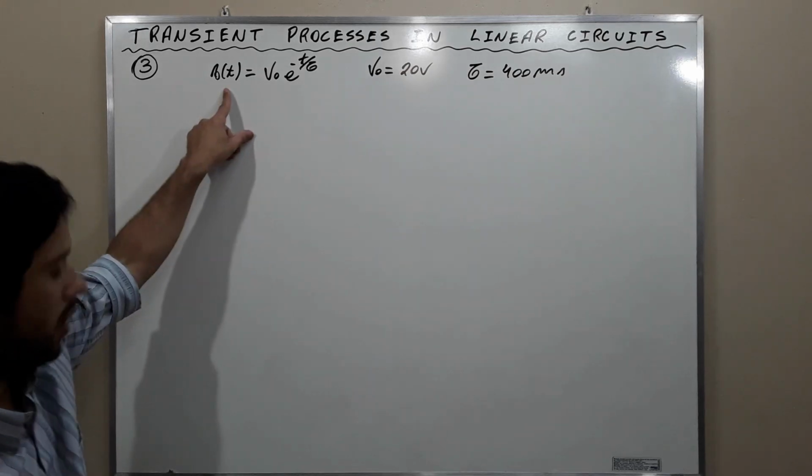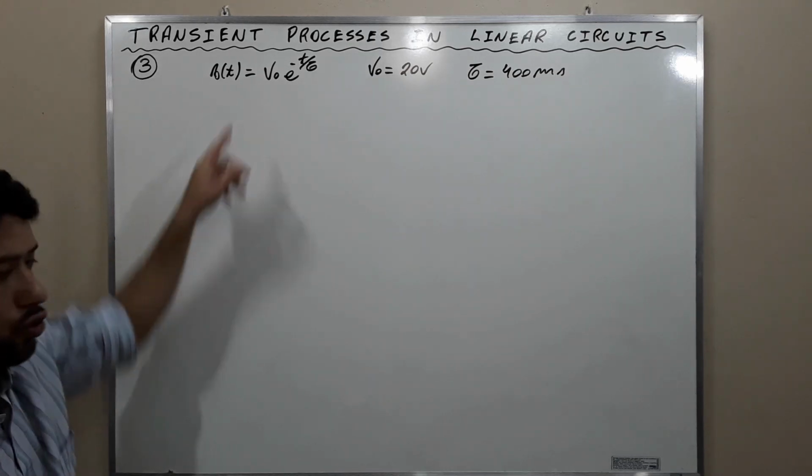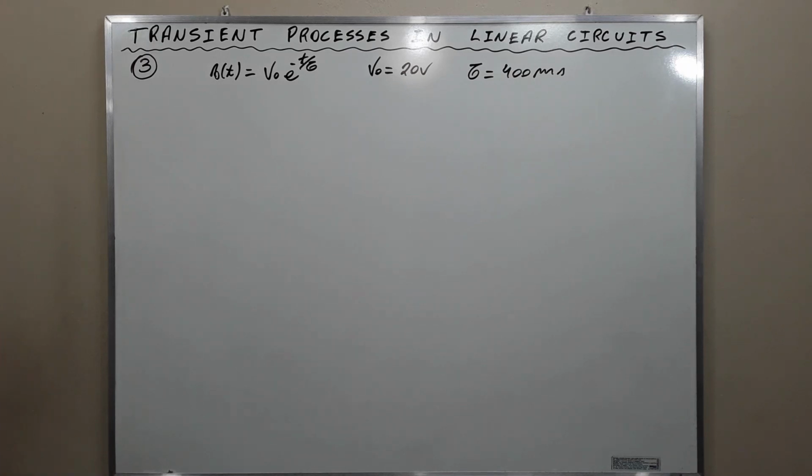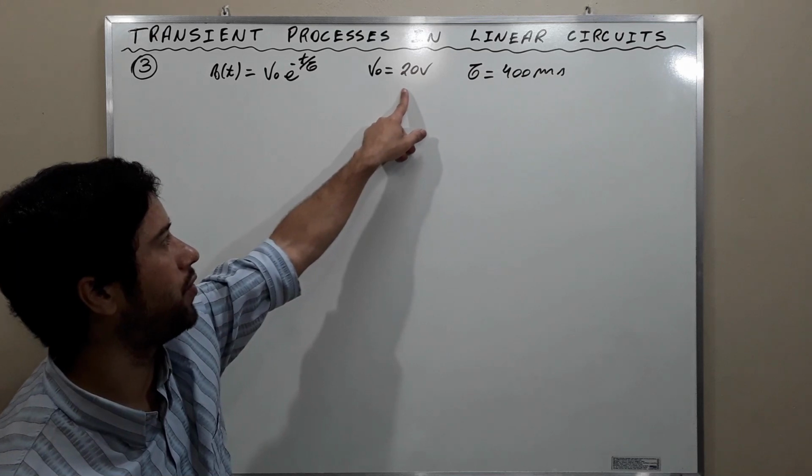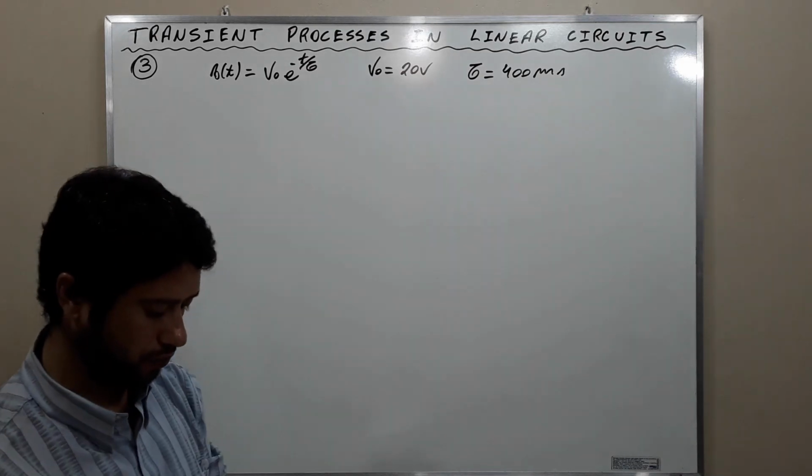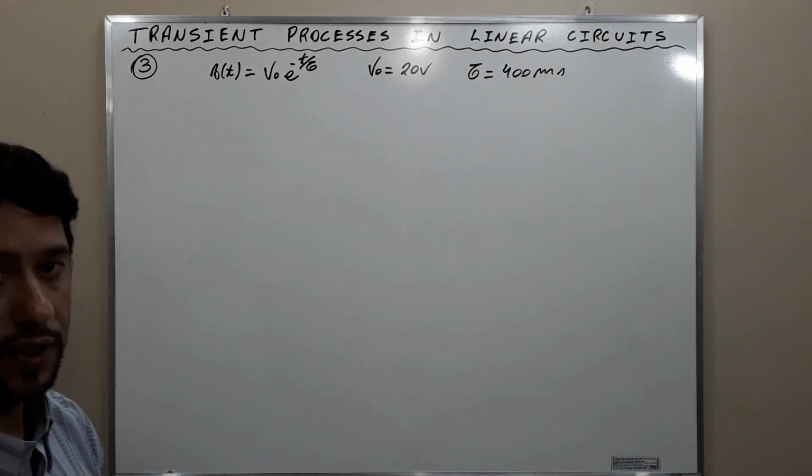V of t has to reach 2 volts for triggering, but the initial value of the voltage is 20 volts. It's going to take some time.